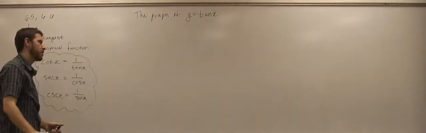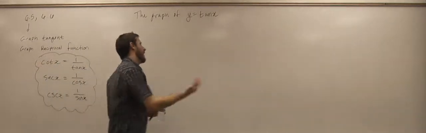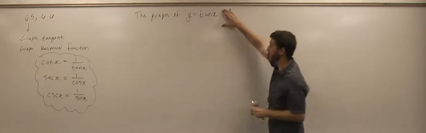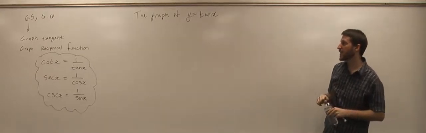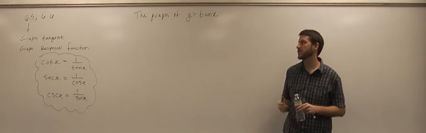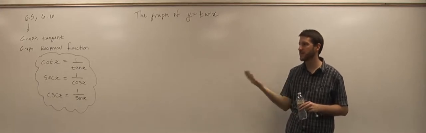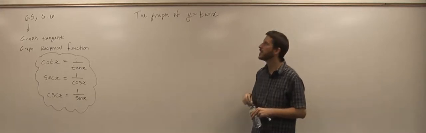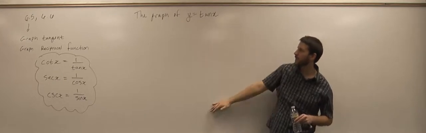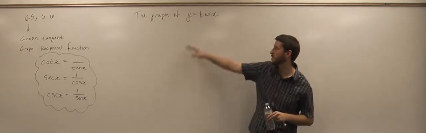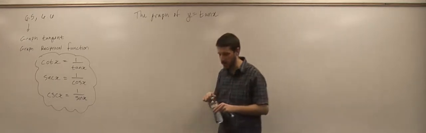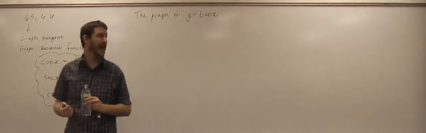Now for sine and cosine I plotted points. I guess I could plot points for tangent, but most likely, because it has asymptotes, the points you get are not going to be connected and it's just going to look ugly. So instead of plotting points, I'm going to take a more analytical view and try to break down what tangent is and how it behaves.